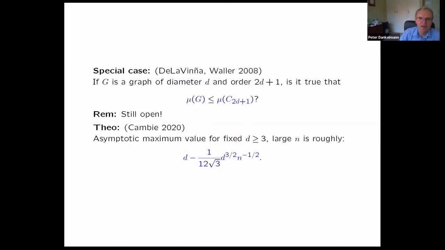He proved that the asymptotic maximum value for the average distance is at most the diameter minus, and I've simplified this a tiny bit, 1 over 12 times square root of 3 times d to the 3 over 2 divided by square root of n. So that's roughly what he did. And it was a very nice and short and sweet argument that he found.